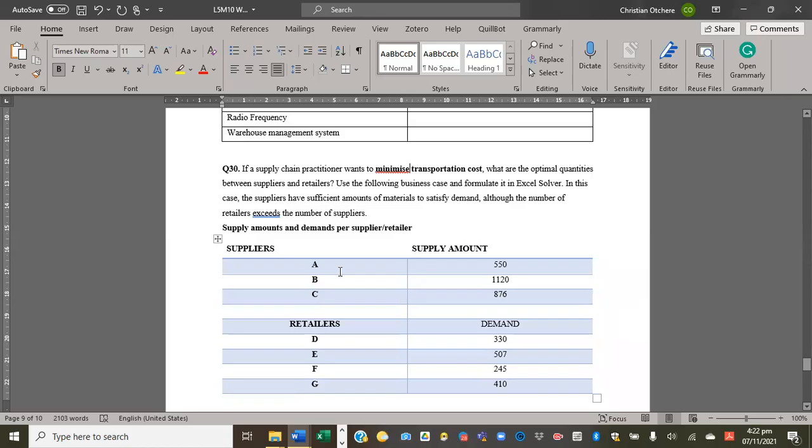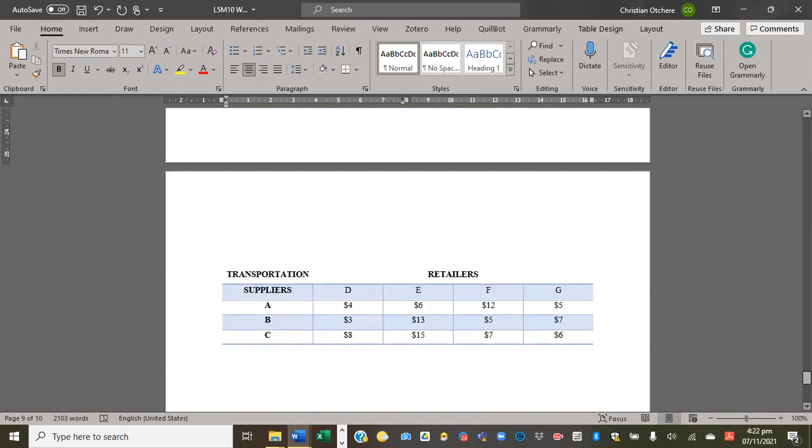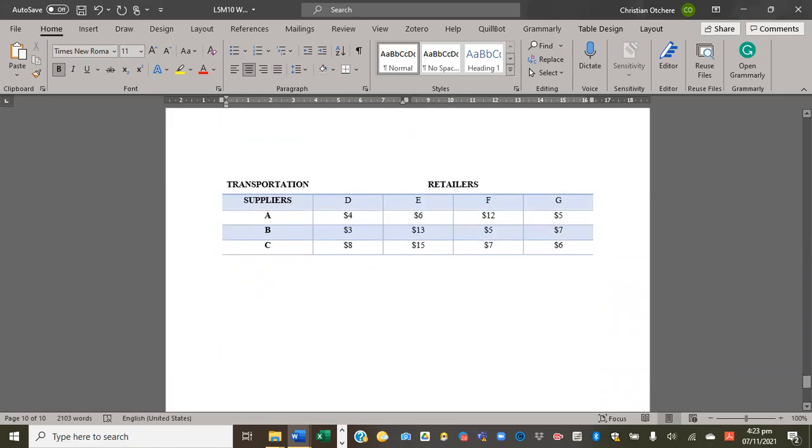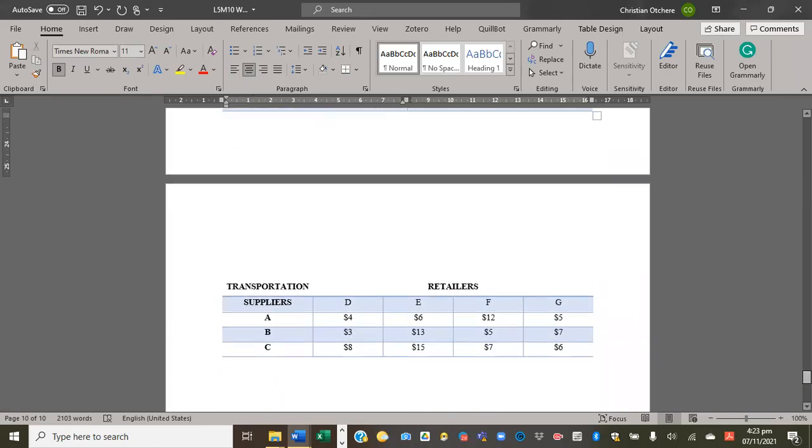Okay. So you have supplier A, B, and C, retailers D, E, and F. Try and get us the optimum transportation cost.